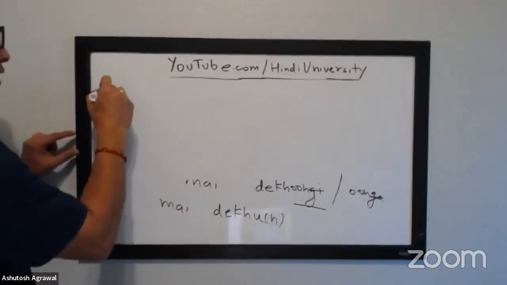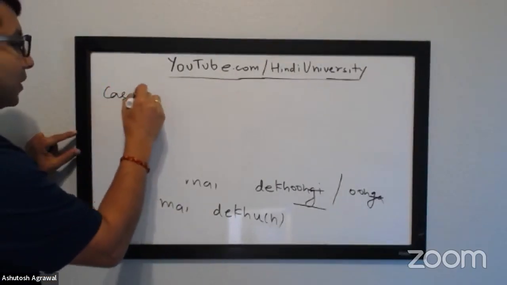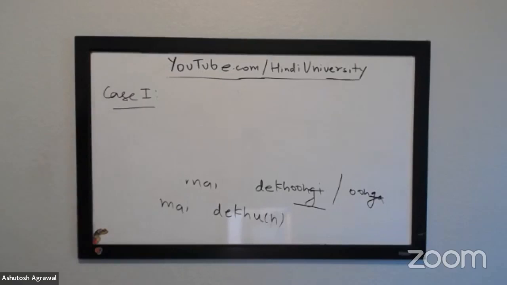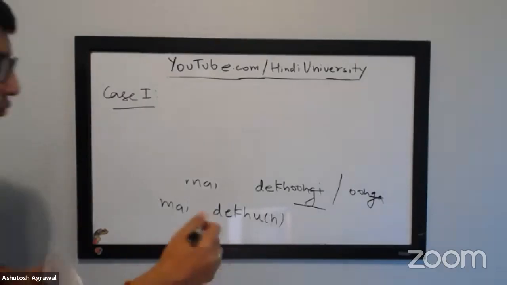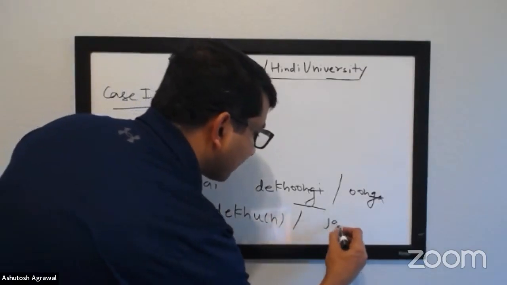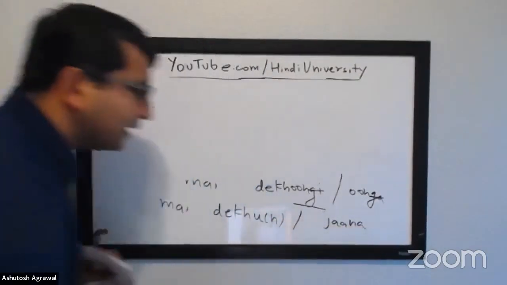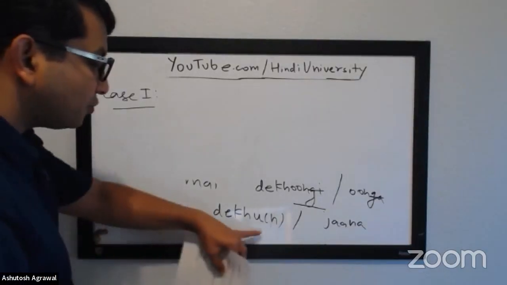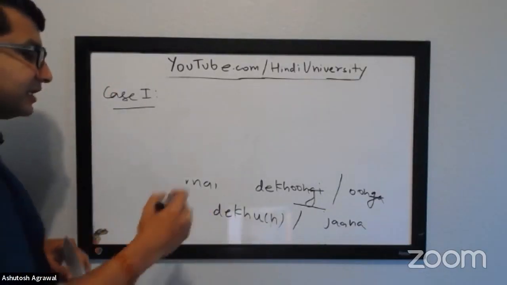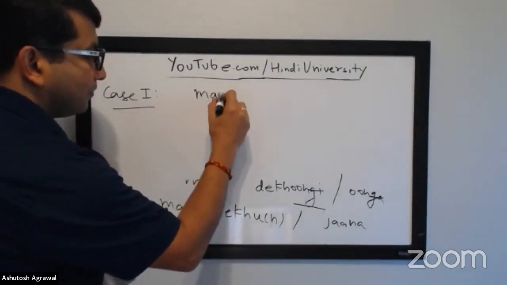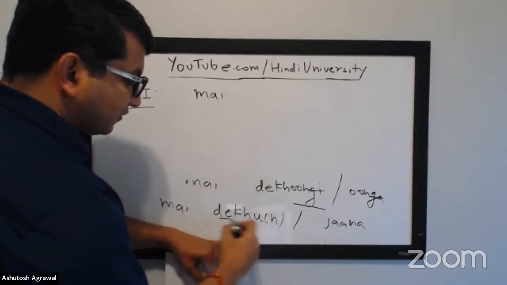Okay, so you have your case number one. Just like dekho, I'm going to now change it to the word jana, just to play around. If it is jana and you want to change it this way, Sharmila ji, it would be मैं जाऊं.